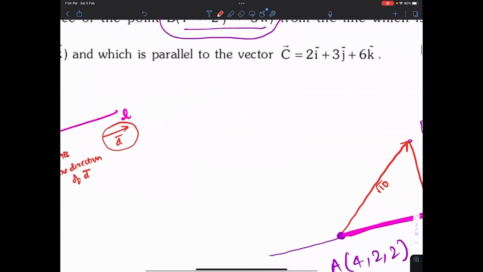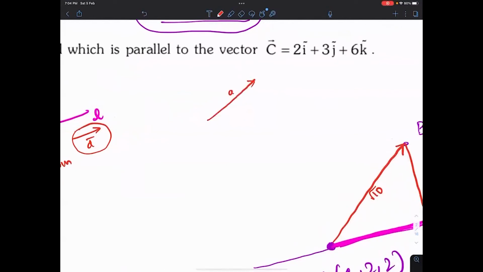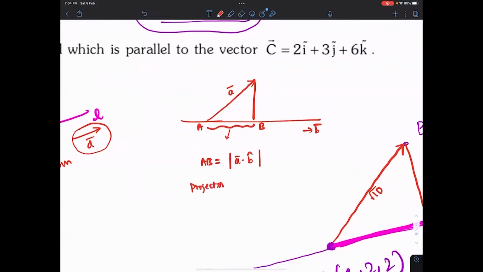If this is a vector A bar, and the direction of this line is B bar, then this is the projection. So the projection length will be equal to A bar dot B cap. Length means you will keep the modulus. Projection is simply A bar dot B cap.